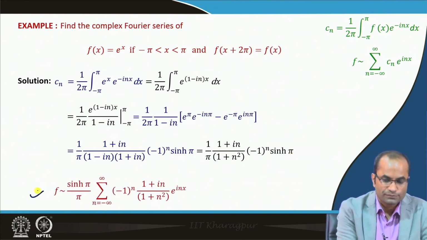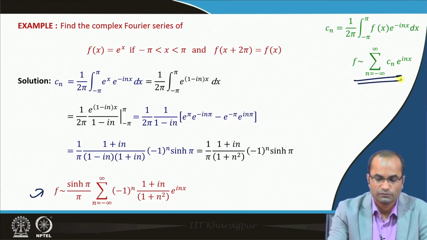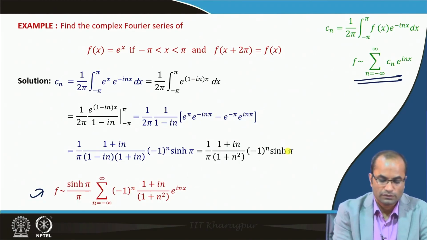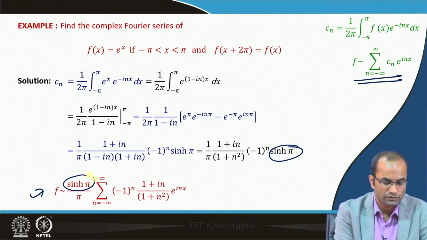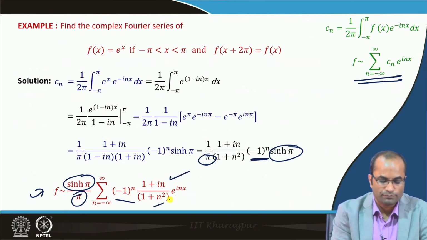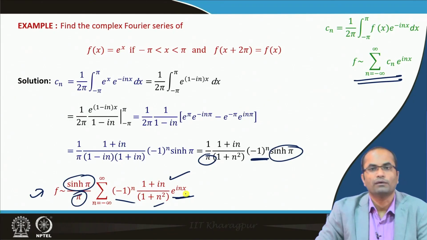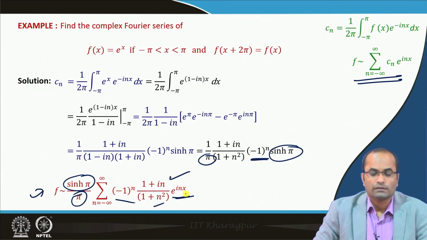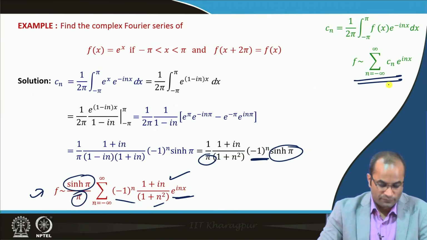So, then we can substitute this coefficient c_n in the Fourier series. Sinh pi is a constant term, pi is also outside, then we have (-1)^n and then (1 + in) divided by (1 + n squared), and then e^(inx), as a result of this Fourier series.